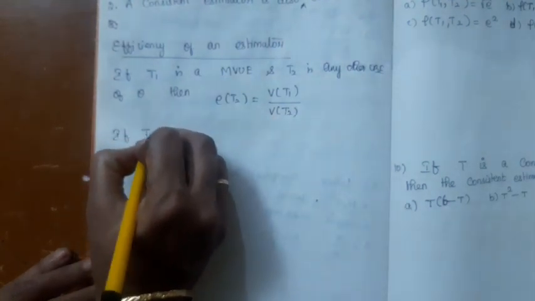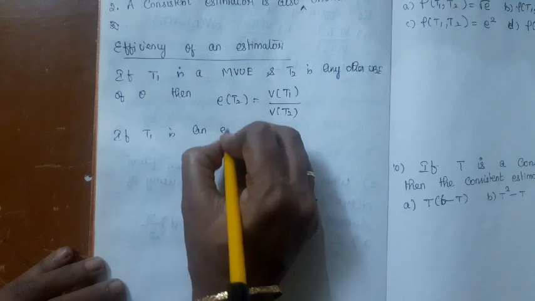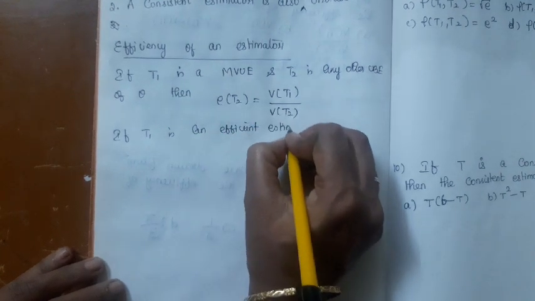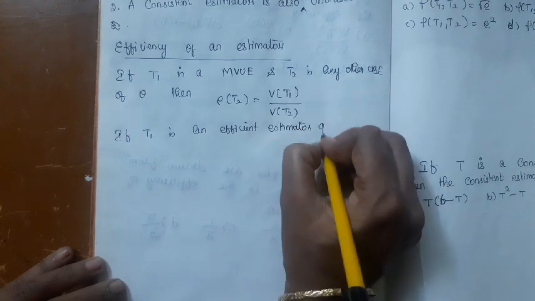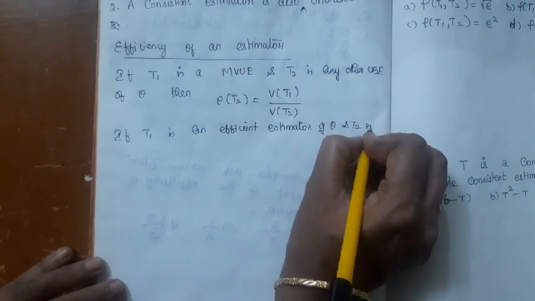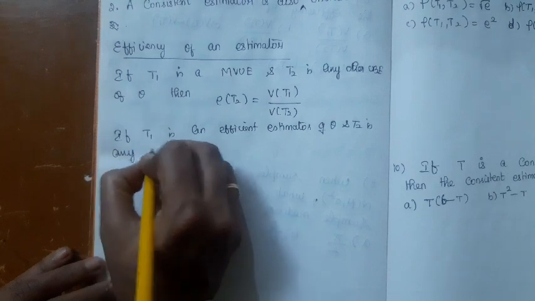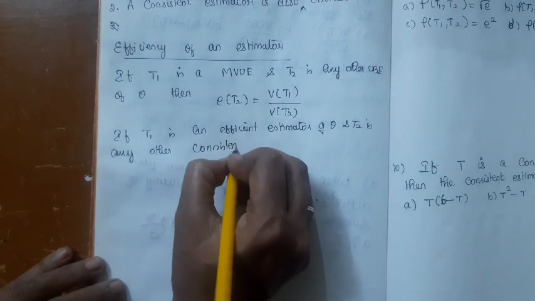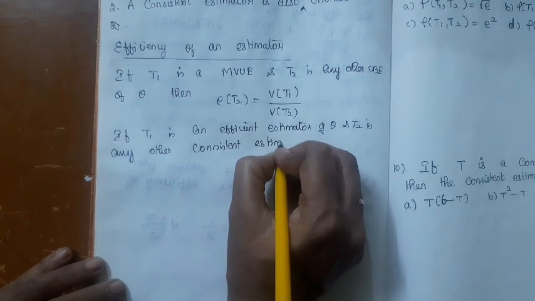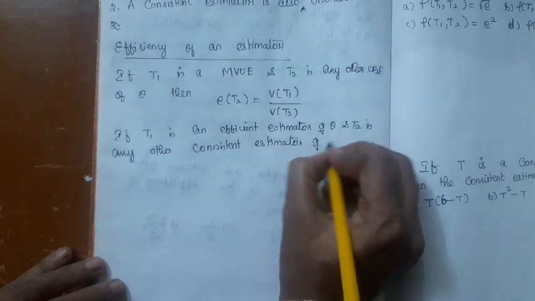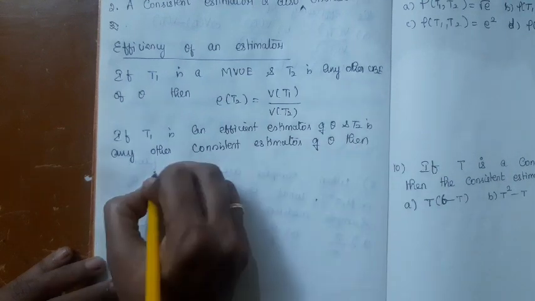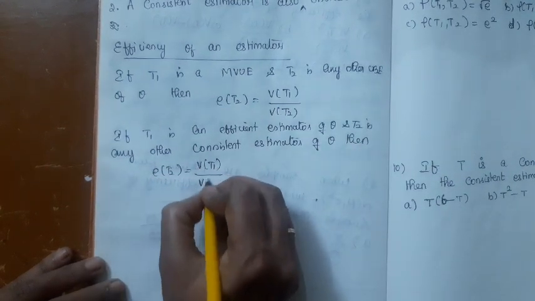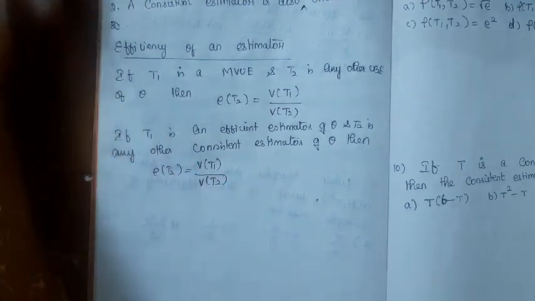Similarly, if T1 is an efficient estimator of theta and T2 is any other consistent estimator of theta, then the efficiency of T2 is computed as variance of T1 by variance of T2.